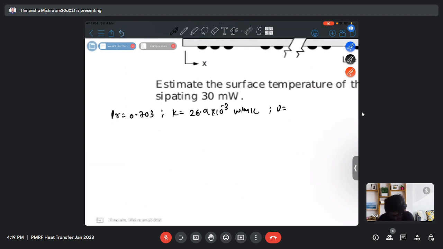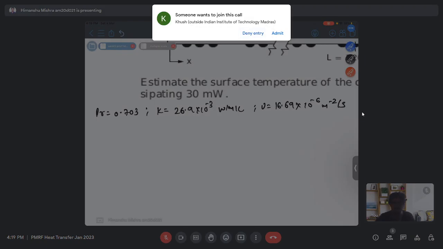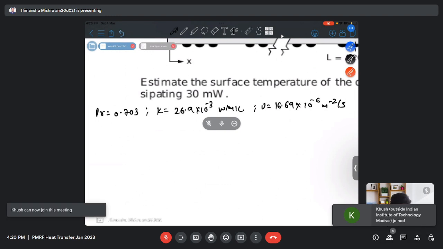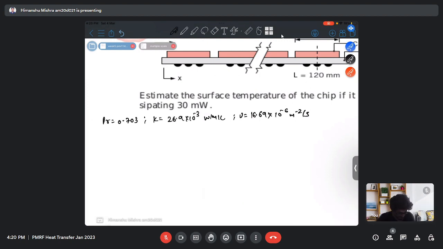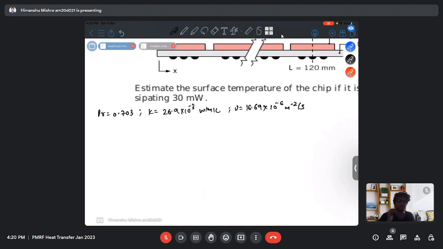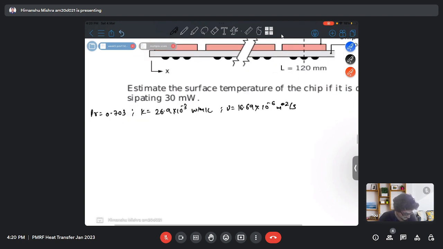Kinematic viscosity is 16.69 × 10^-6. And the question says that energy dissipation is happening, and over the plate there is a chip flow. I think, sir, this kinematic viscosity should be meter square per second. Yeah, it is meter square per second. Sorry, okay.